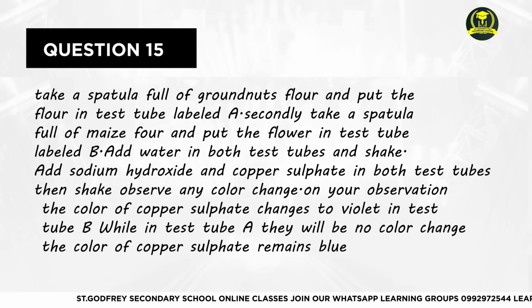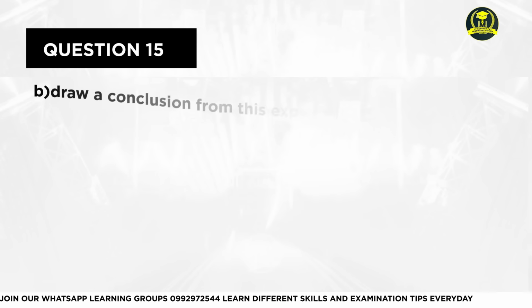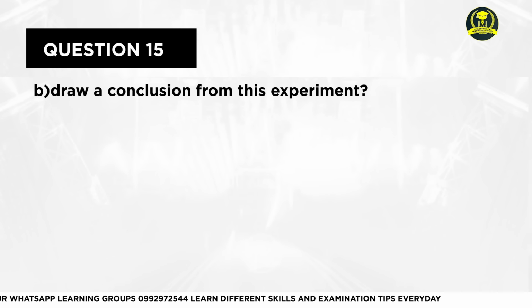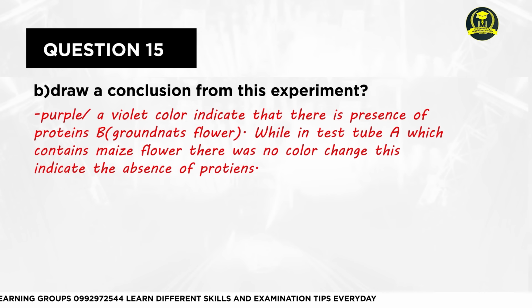Observe any color change. On observation, the color of copper sulfate changes to violet in test tube B, while in test tube A there will be no color change. The color of copper sulfate remains blue. Question B. Draw a conclusion from this experiment.